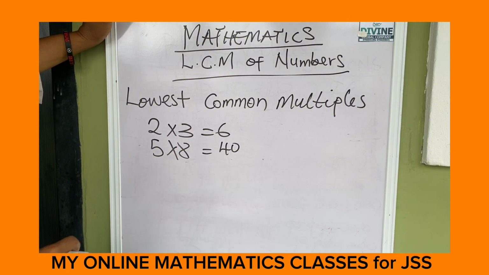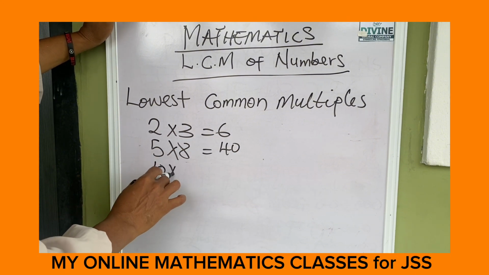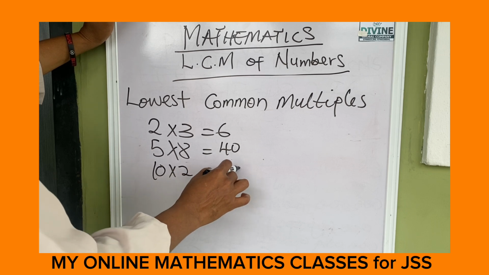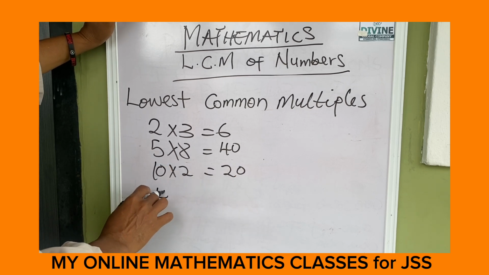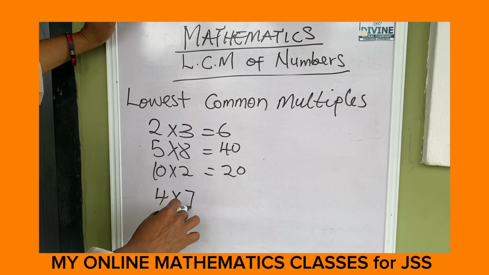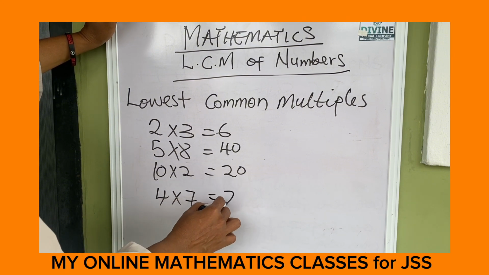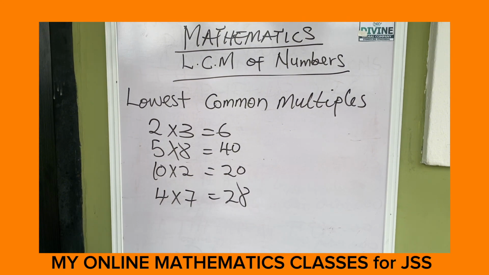For instance, 2 times 3 is 6, 5 times 8 is 40, 10 times 2 is 20, 4 times 7 is 28. Just normal random multiplication. The result you get from using a certain number to multiply, that's what we mean by the multiples.